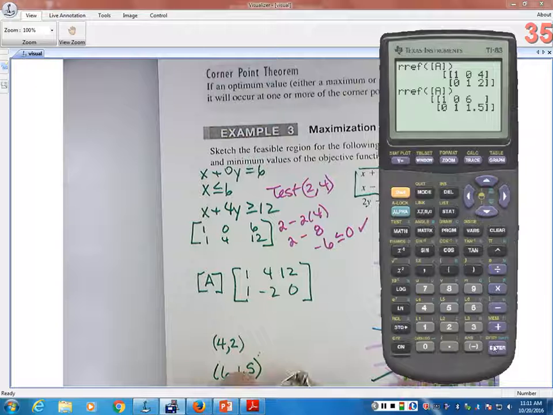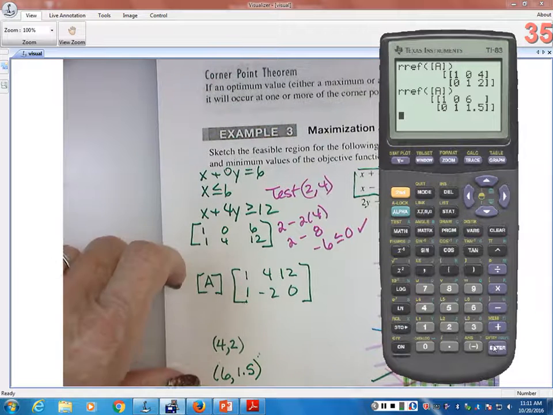And we have this point. That point is 0, 3. So that's a corner point.